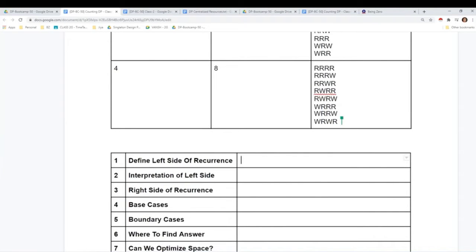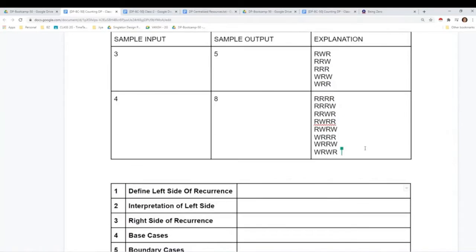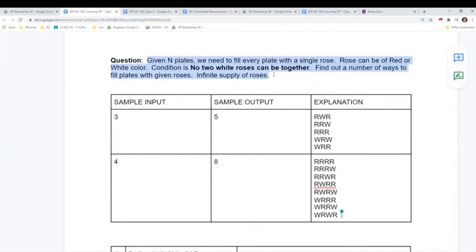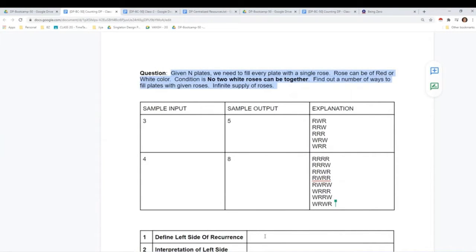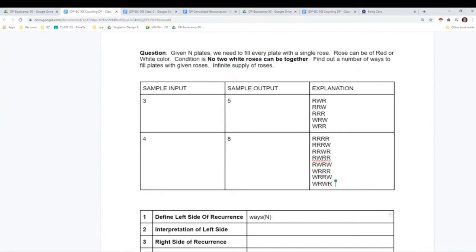Trust me that we will solve this problem recursively; gradually you will understand all this. So first, the left side of the recurrence: what are we trying to achieve? Will it be fair if I say I want to find ways of n? That is my recurrence. If n plates are there, how many ways are there in total?